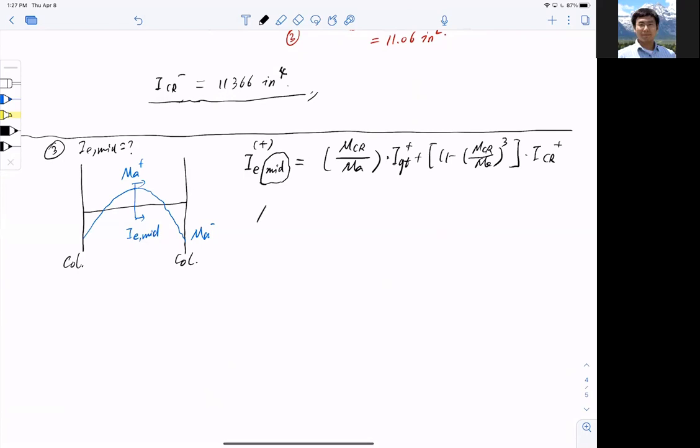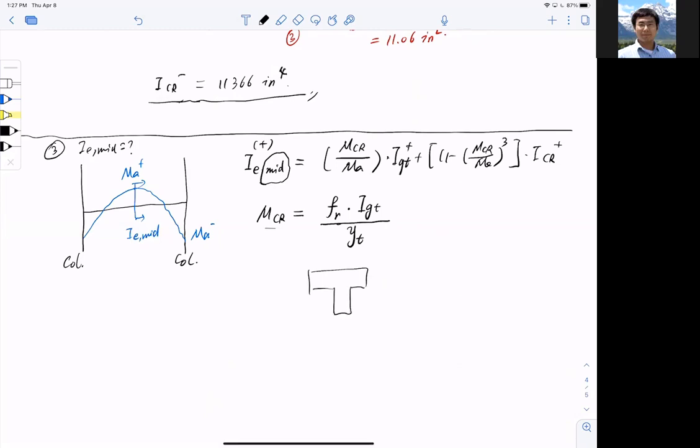Okay, now I don't know what my cracking moment is, so I'm going to calculate that. So cracking moment equal to FR, modulus of rupture, multiplied by IGT, and divided by YT. Now remember this, right? This is the section we're looking at.